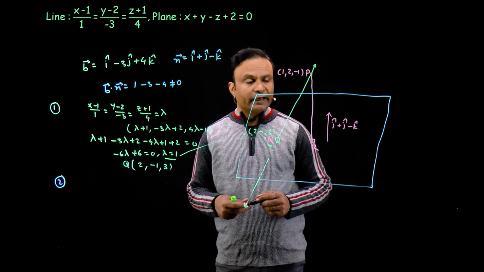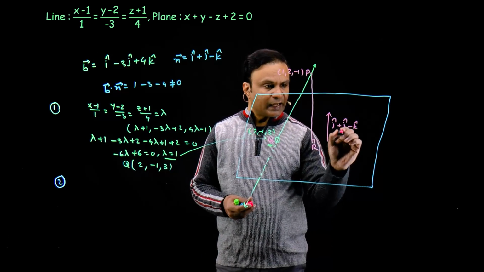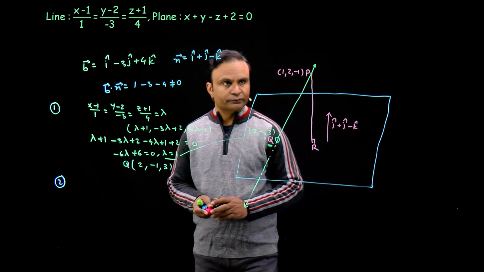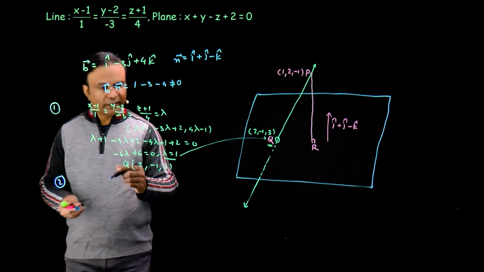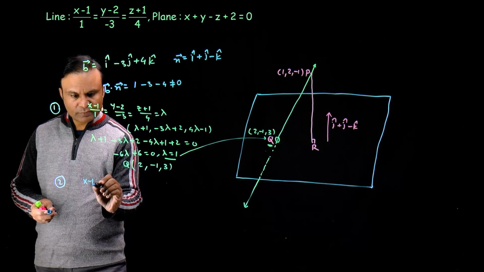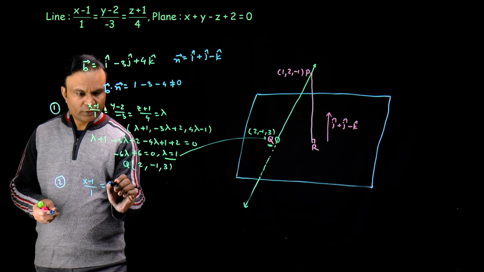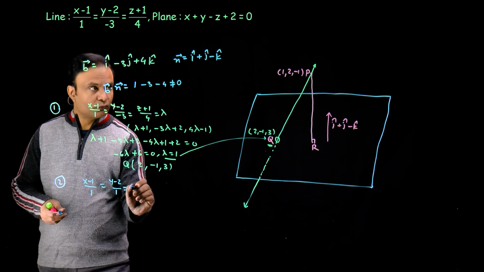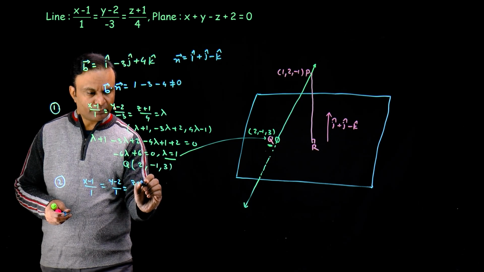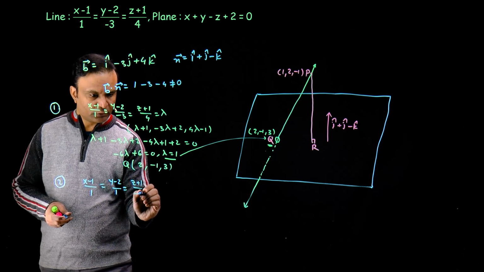So we can say line PR is along vector i plus j minus k. So the equation of line PR is x minus 1 upon 1 is equal to y minus 2 upon 1 is equal to z plus 1 upon minus 1.